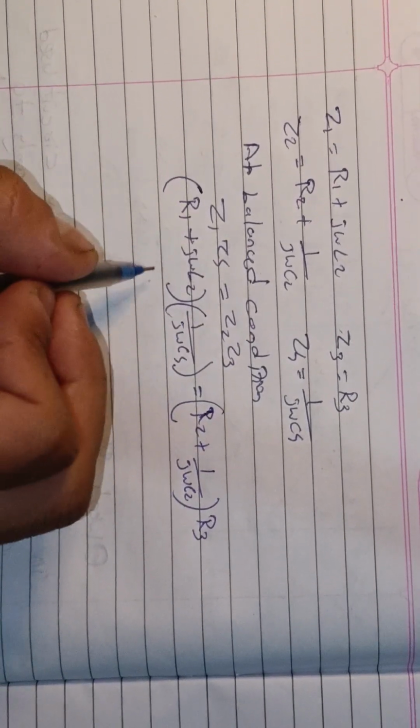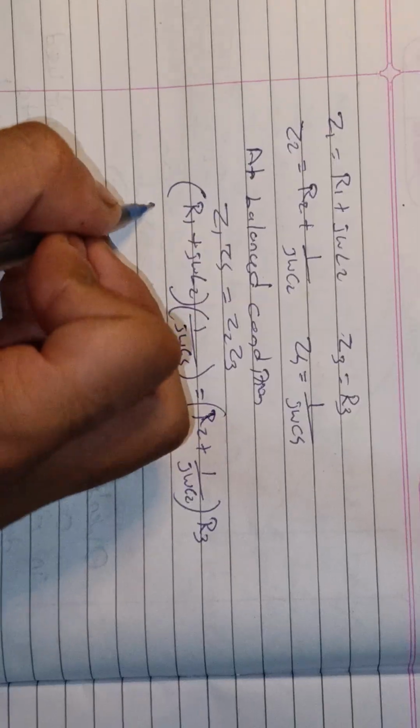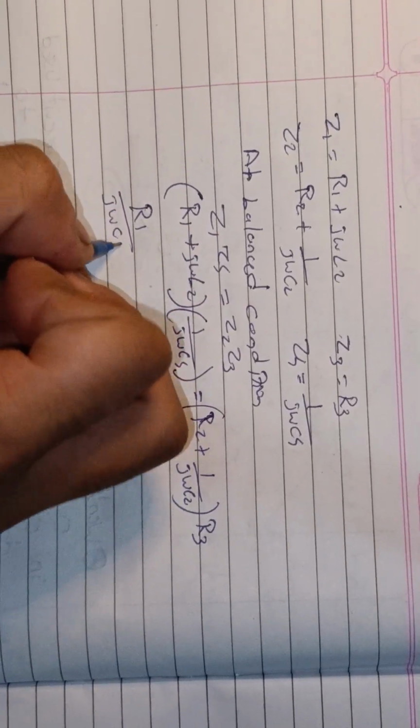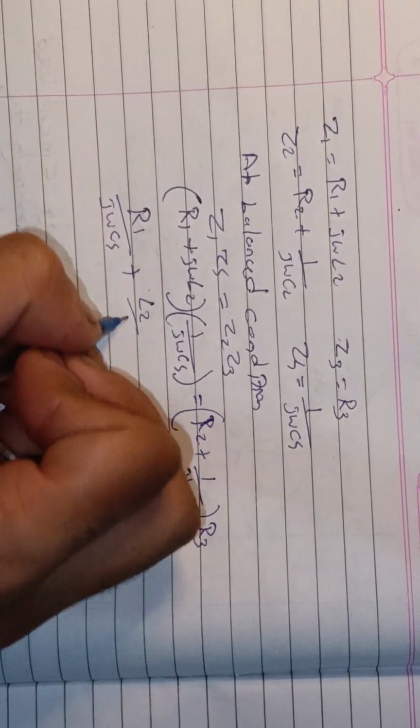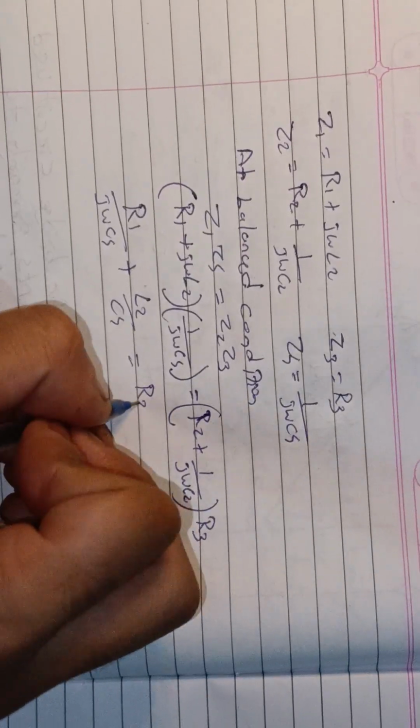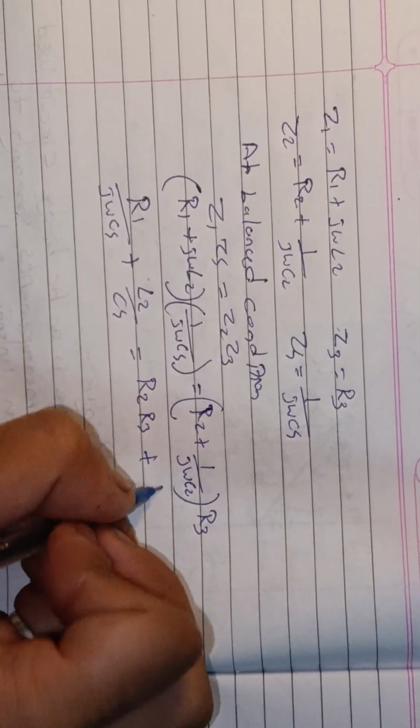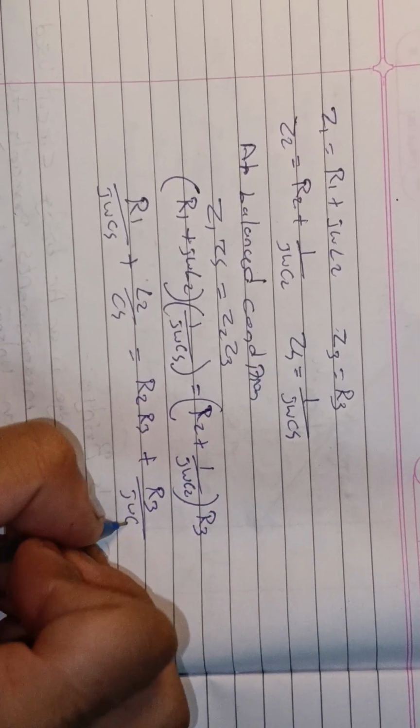So by multiplying this with the bracket, we'll get R1 by j omega C4 plus L1 by C4 equals R2 R3 plus R3 by j omega C2.